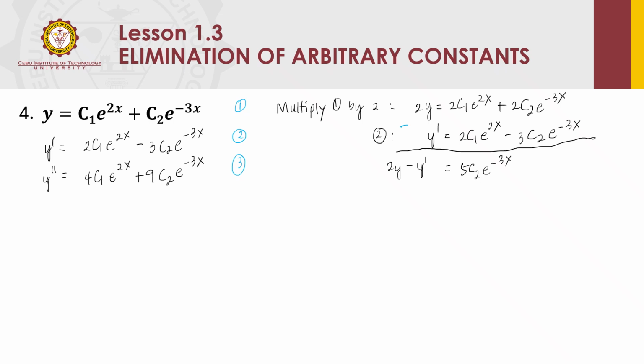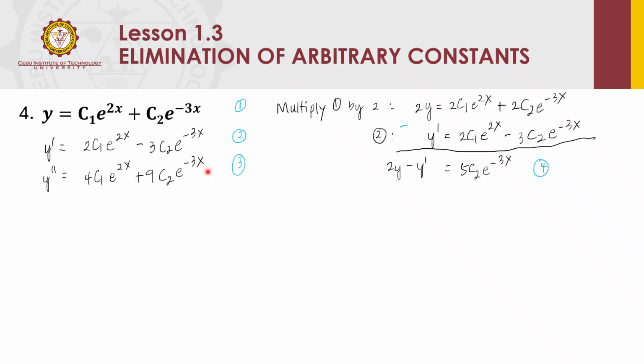Okay, so we need another equation containing C2 only. So there's a third equation here that we can use. So let's label this as equation 4. Do the same process with, you can choose between 1 and 3, and 2 and 3.